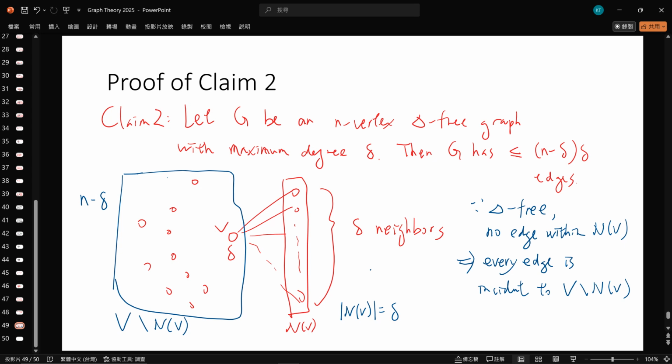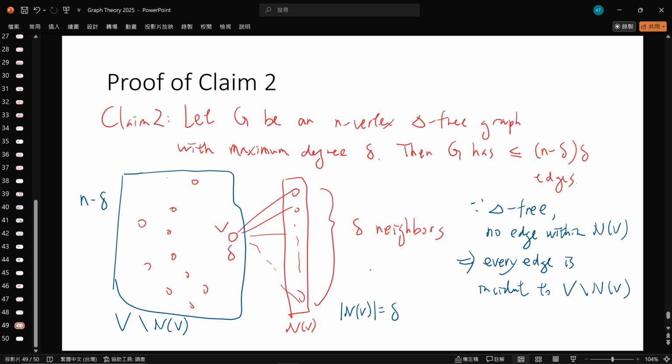Now we only need the last step to finish the proof. So this says that if there's no edge within n of v, this means for every edge, we have two endpoints, okay?